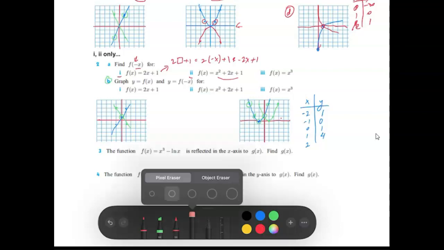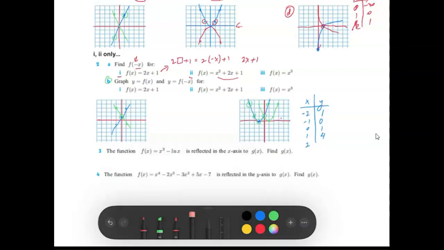And then what about this one? So for this one, I'm just going to plug the negative ones into these two boxes, or the negative x's. So it would be positive x squared minus 2x plus 1 would be the simplified expression for the second one.